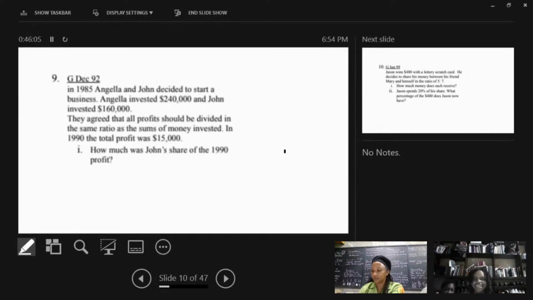They agreed that all profits should be divided in the same ratio as the sums of money invested. In 1990, the total profit was $15,000. How much was John's share of the 1990 profit?